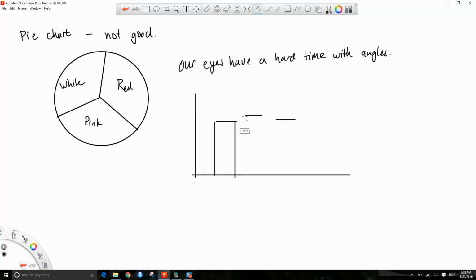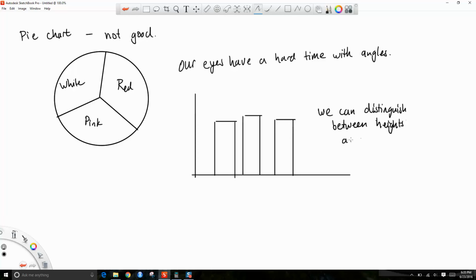So when it comes to bar charts, our eyes are very good at distinguishing between different heights and lengths. Angles, for whatever reason, we have a tough time with.